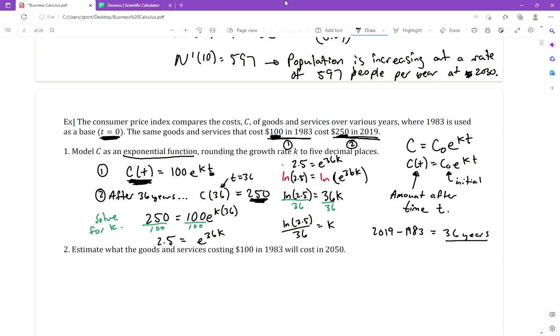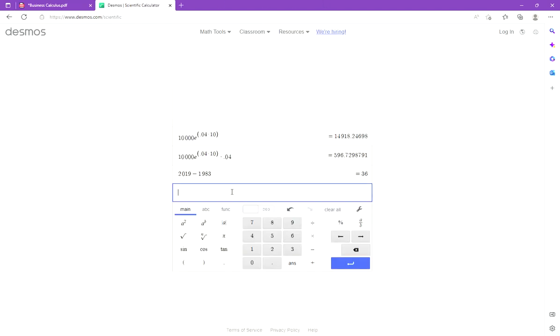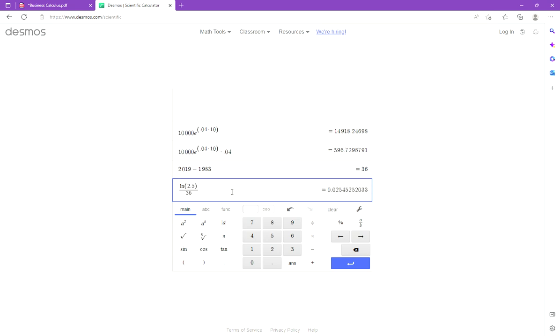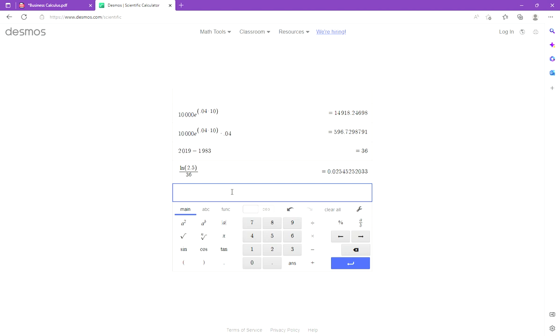Now is where we would use a calculator to get a decimal. It said to do it to 5 decimal places. So let's just type that in. So ln 2.5 divided by 36. Okay, and to 5 decimal places, we've got 0.02545.